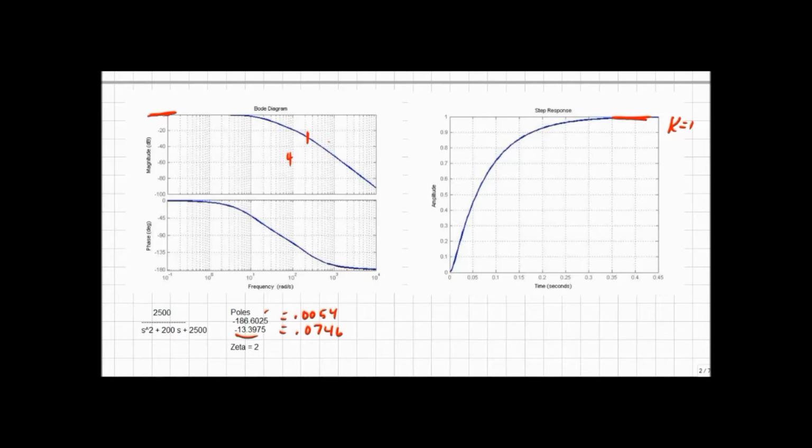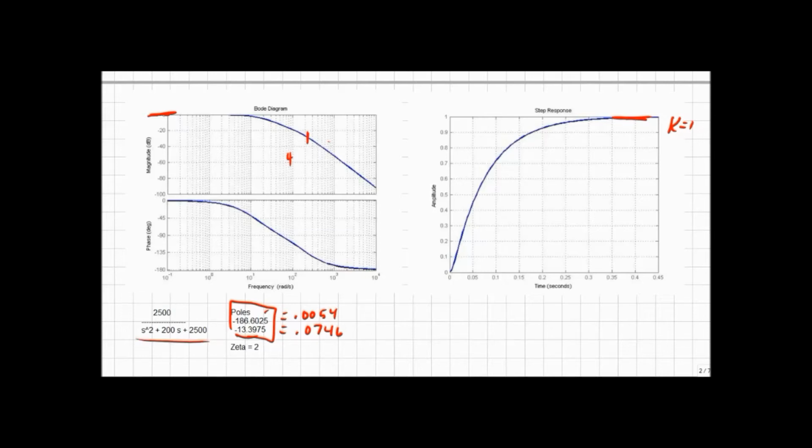So I've got K, and I've got the location of two real poles. I don't need to calculate a zeta here because it's over damped, and since I have two real poles, I can just treat it as two first order systems when I take the roots of that.